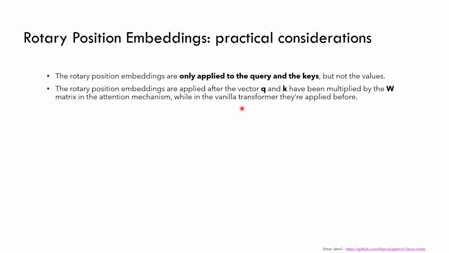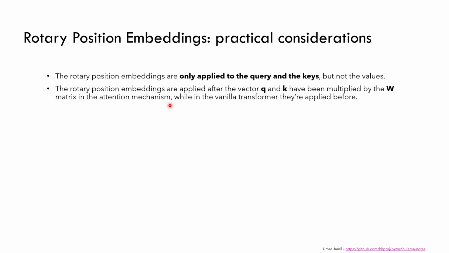Another thing is that the rotary position embeddings are applied after the vectors Q and K have been multiplied by the W matrix in the attention mechanism, while in the vanilla transformer they are applied before. In the vanilla transformer, the position embeddings are applied right after we transform the tokens into embeddings. But in the rotary positional embedding, so in LLaMA, we don't do this.